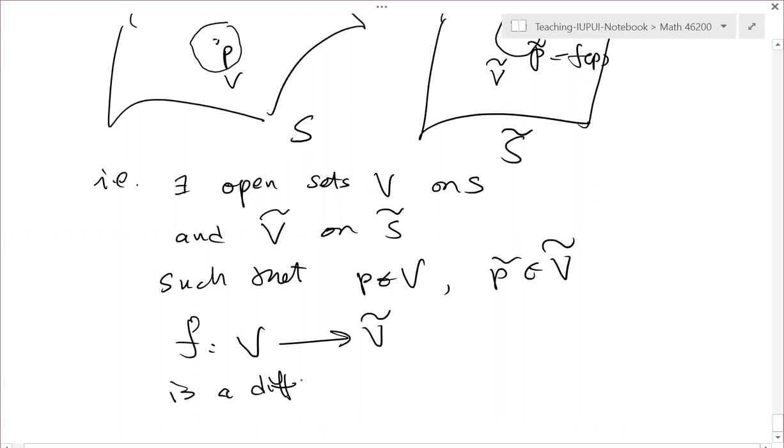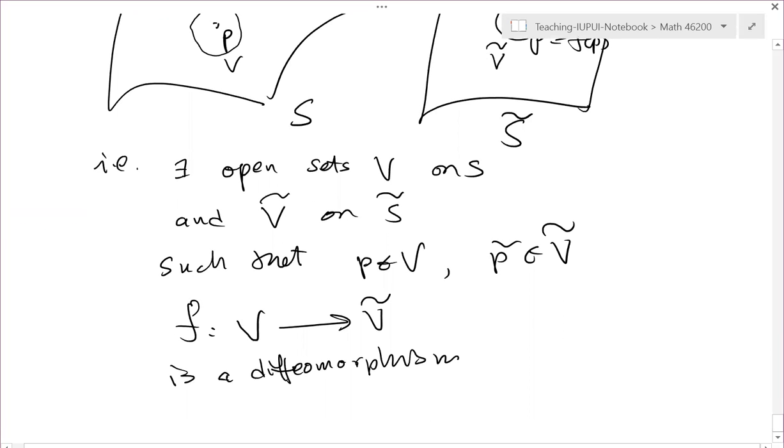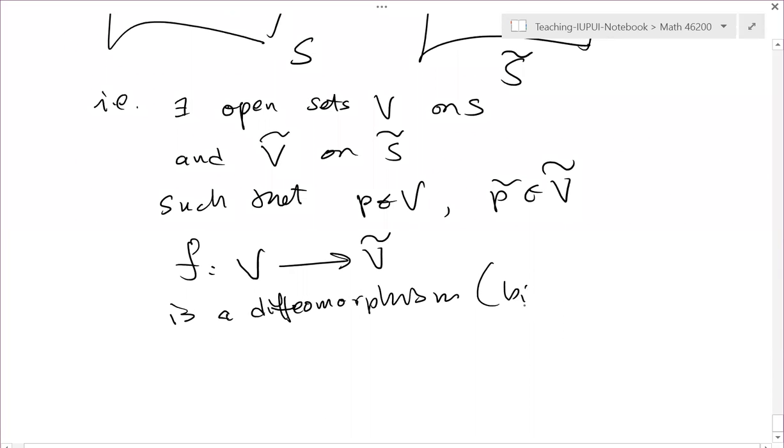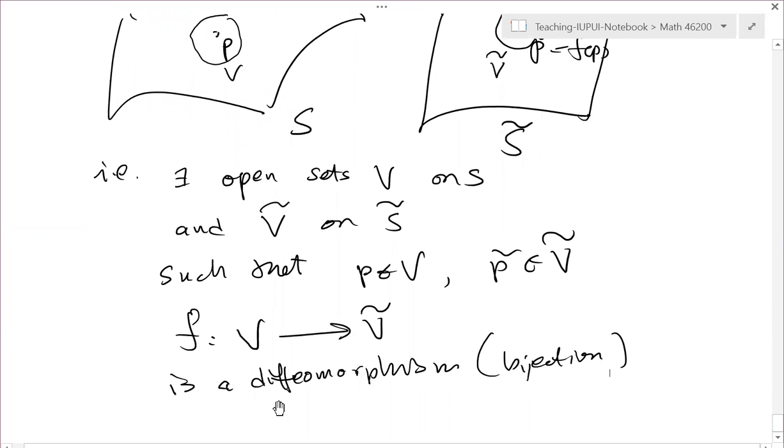It's a one-to-one, onto, differentiable bijection. Sometimes they just say bijection, if you don't want to talk about differentiability. It's not true globally, only on a small neighborhood.